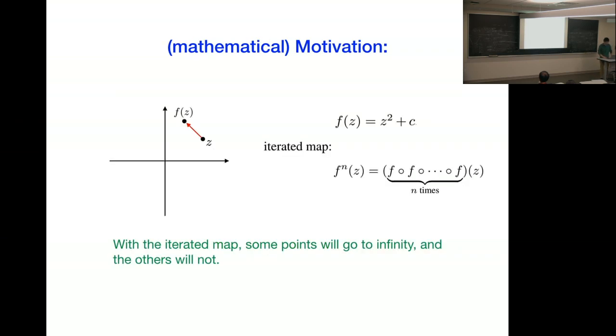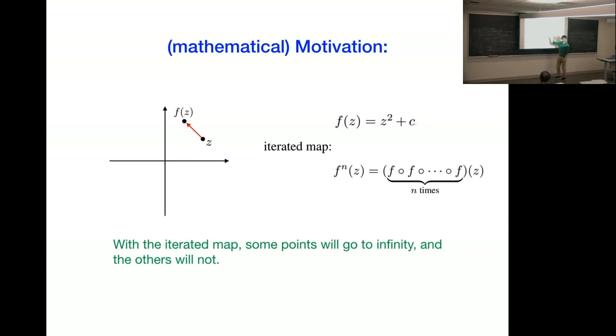There is also some mathematical motivation, for fun. This is called complex dynamical systems in mathematics. Consider a complex plane. We start from some point, then consider a mapping f that maps this point to another point.